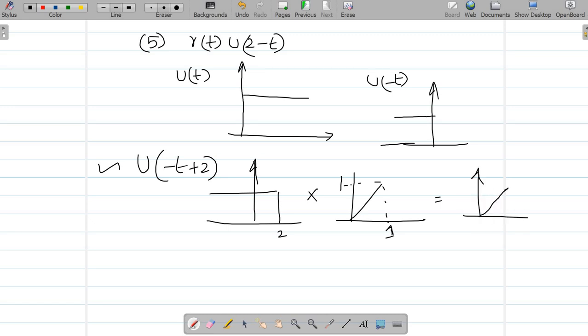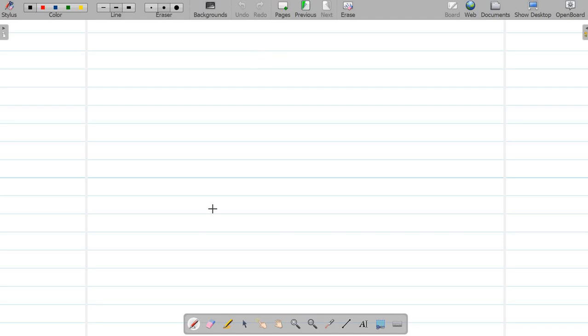So it is just a ramp starting from 0 to 1, so its amplitude is going to be 1. Okay, so this is how you sketch the signal. Let us take yet another example. Maybe this is the last example that we are going to discuss.